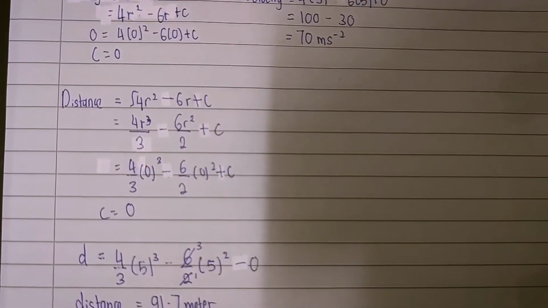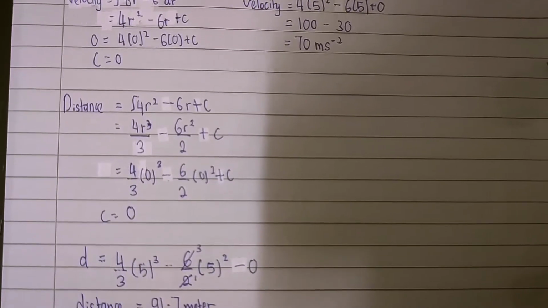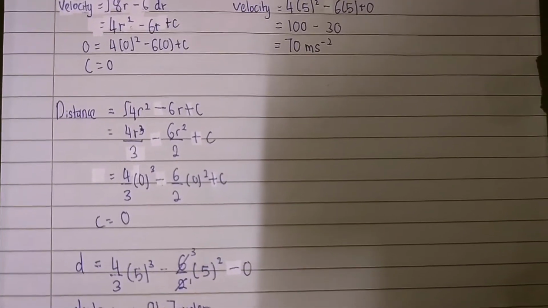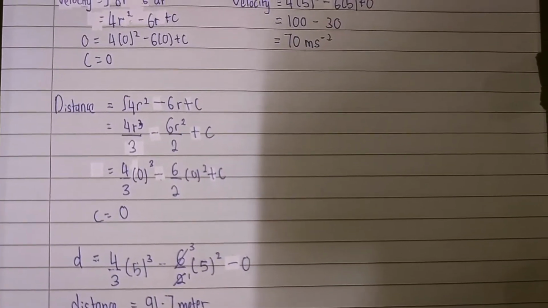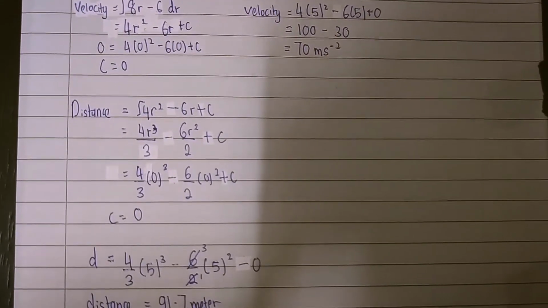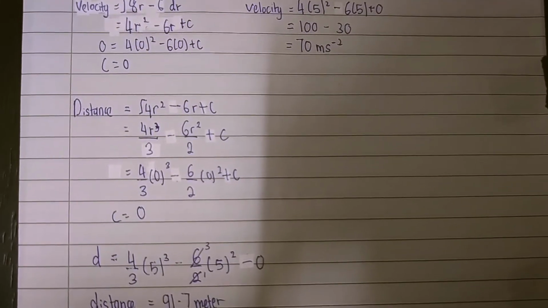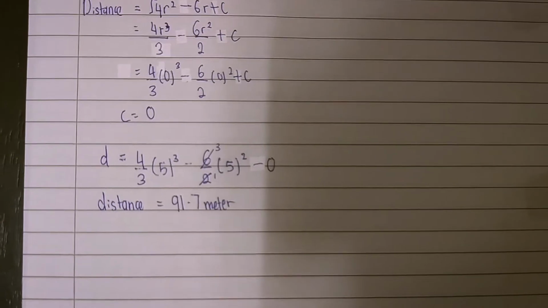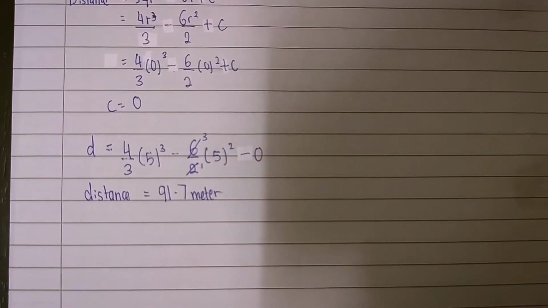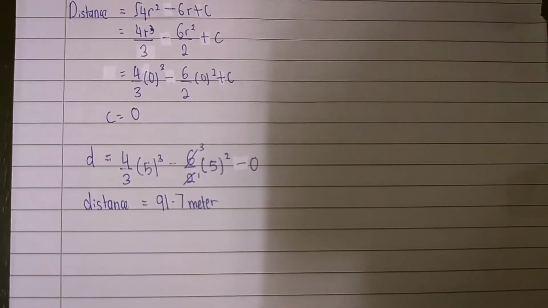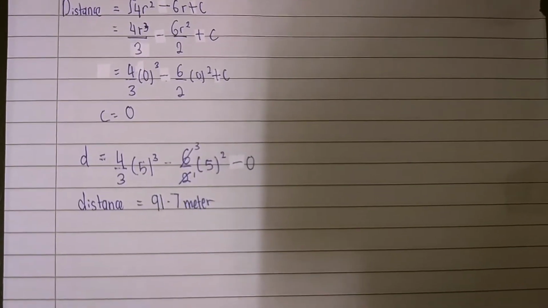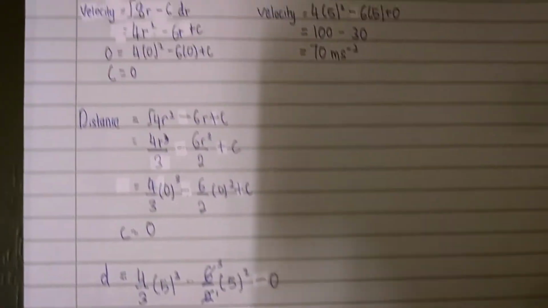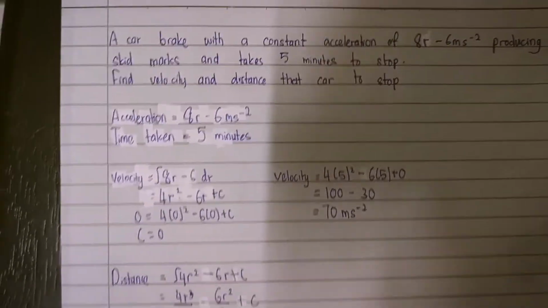Our distance can be found by integrating our acceleration too. After we integrate our acceleration, we will get c equal to 0. Then we can get our distance. To get our distance, we integrate 4 over 3 in bracket 5, where we get 5 from the time taken, 5 minutes.